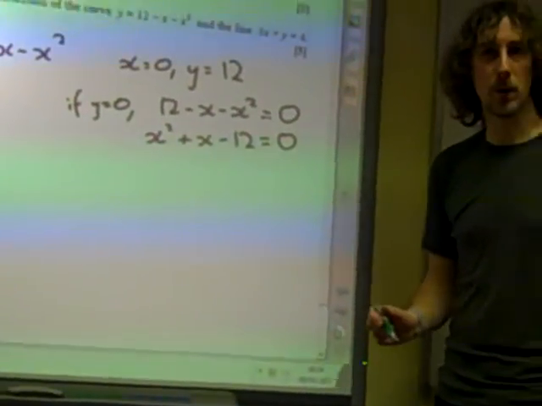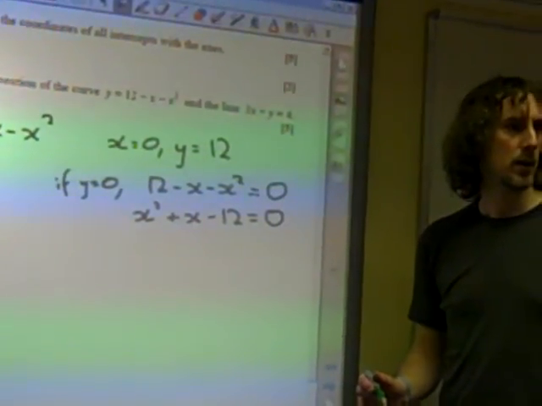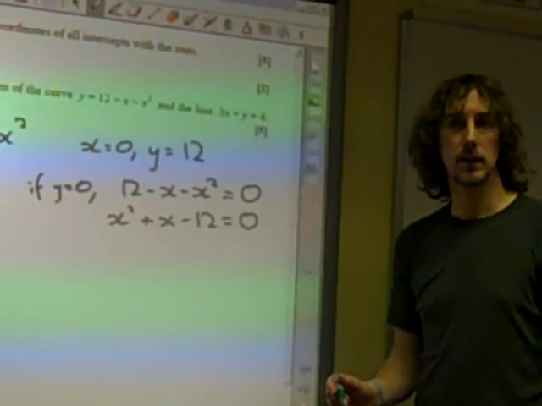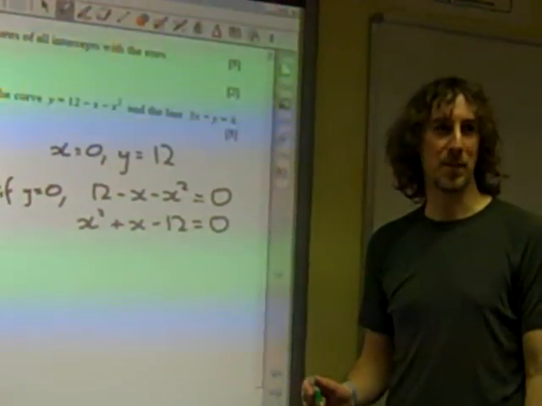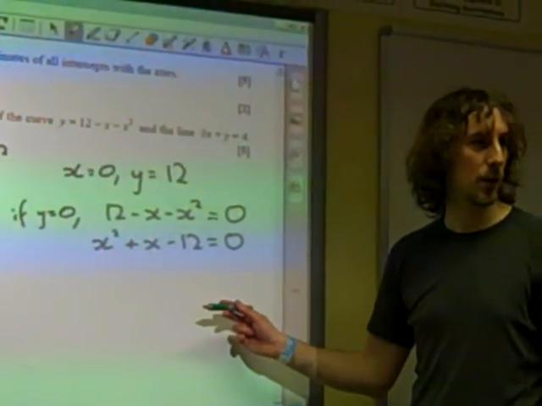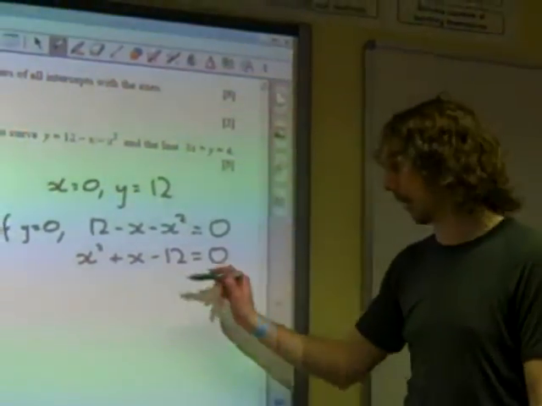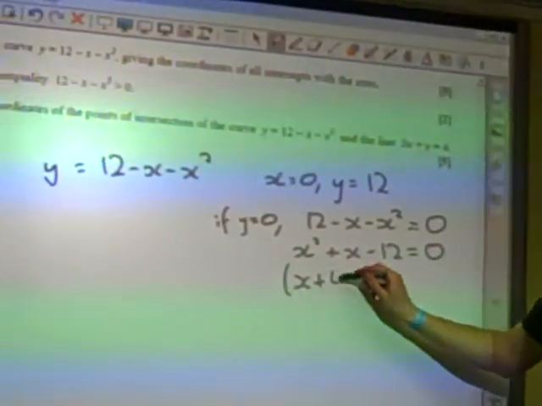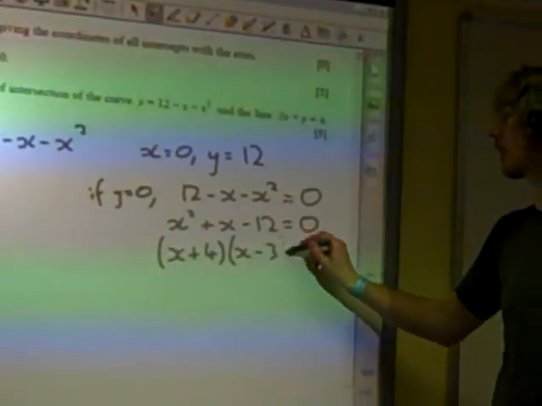Does that factorise now? We can ask the builders if it factorises. How does it factorise? Somebody factorise it quick? Okay. So we've got (x + 4)(x - 3).